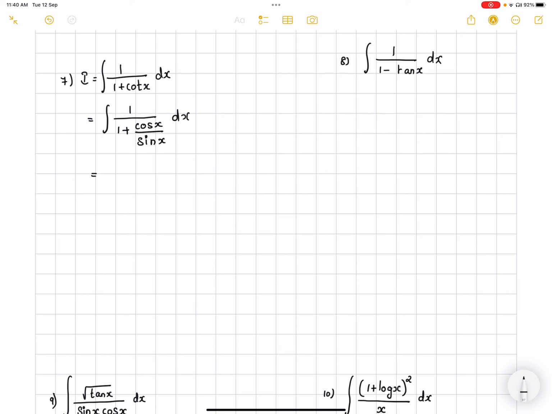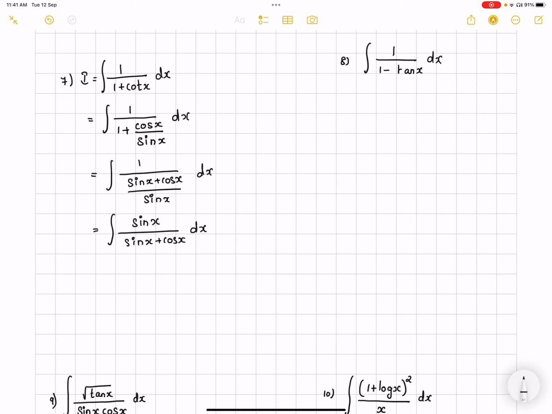So the LCM part is going to be 1 divided by sin x plus cos x divided by sin x, dx. Now the sin x in the denominator's denominator comes to the numerator. So I would be having sin x divided by sin x plus cos x, dx. Just observe how I have got it.